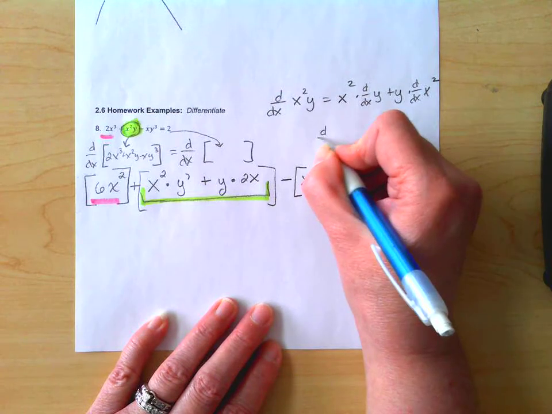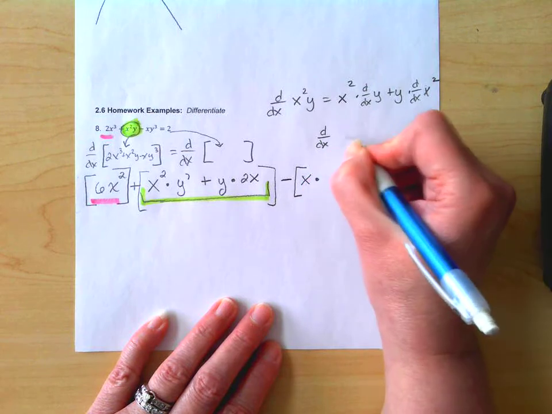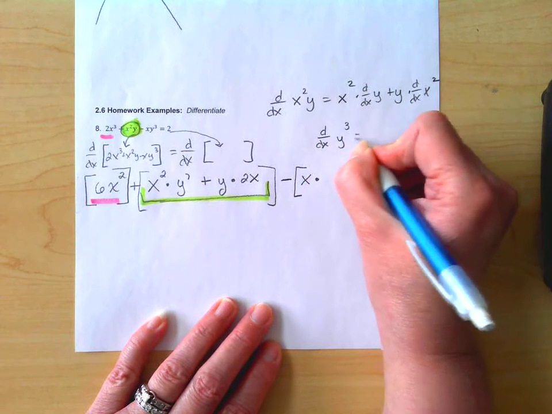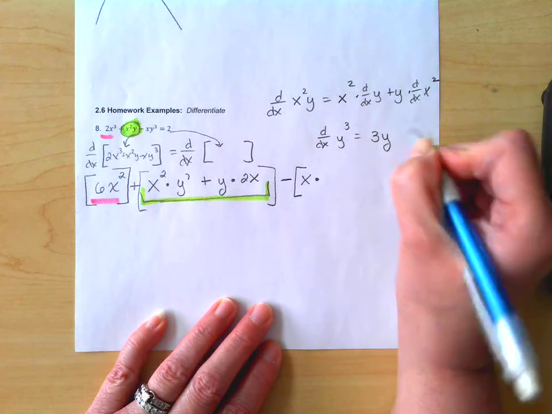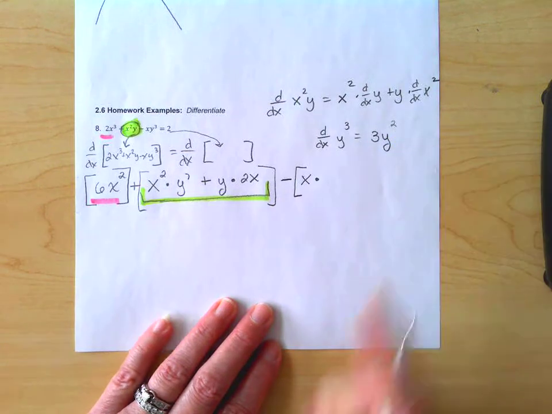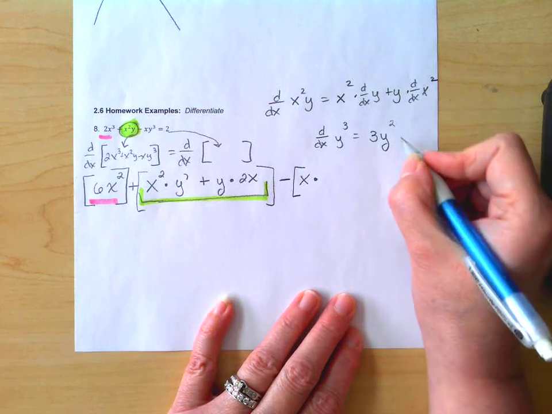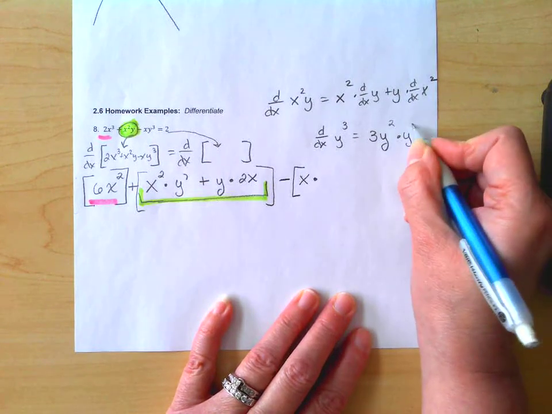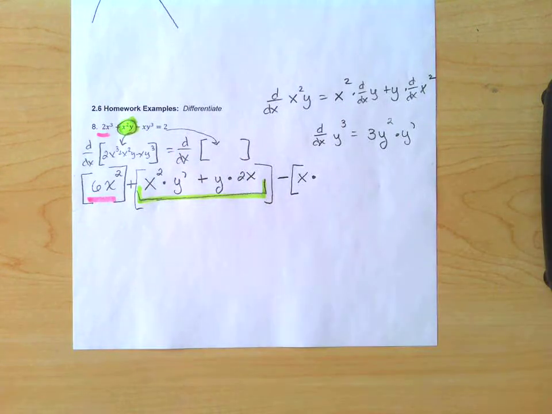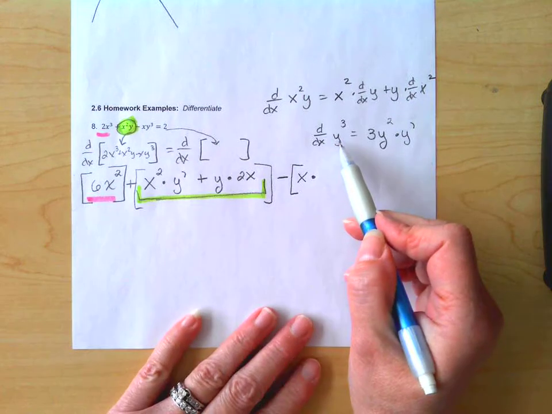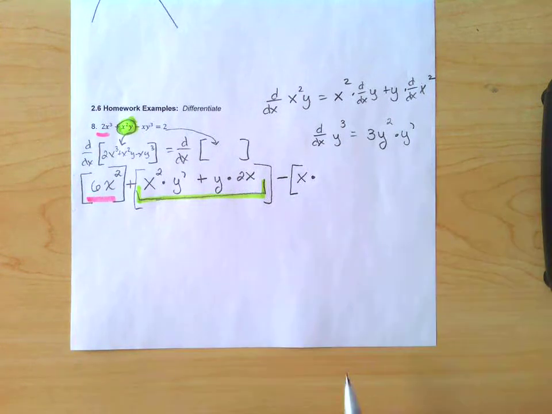Now we do the derivative with respect to x of y cubed. The derivative of something cubed is 3 times that something squared. But then I've got to go back and do the derivative of that something, what it was that was cubed, so the derivative of y.